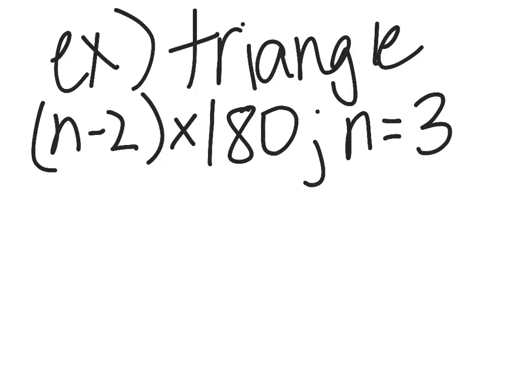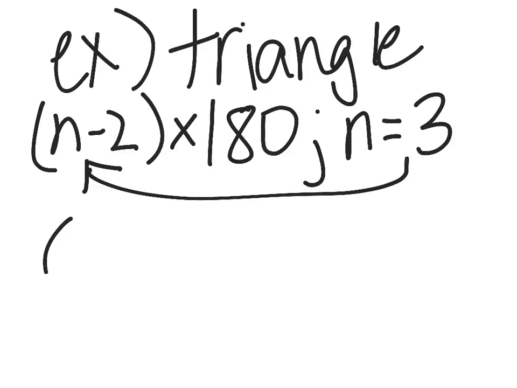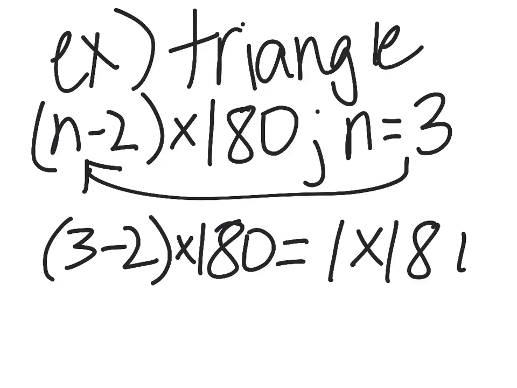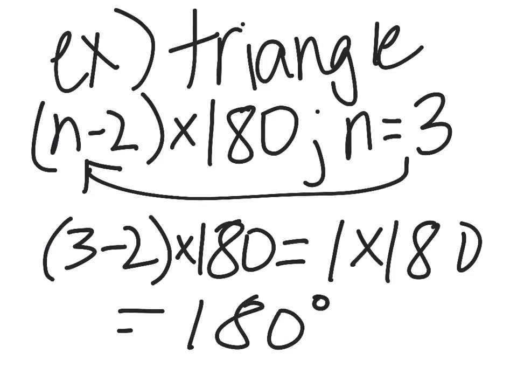So plug that in: 3 minus 2 times 180. That would be 1 times 180, which is 180. So that is the sum of the interior angles of a triangle.